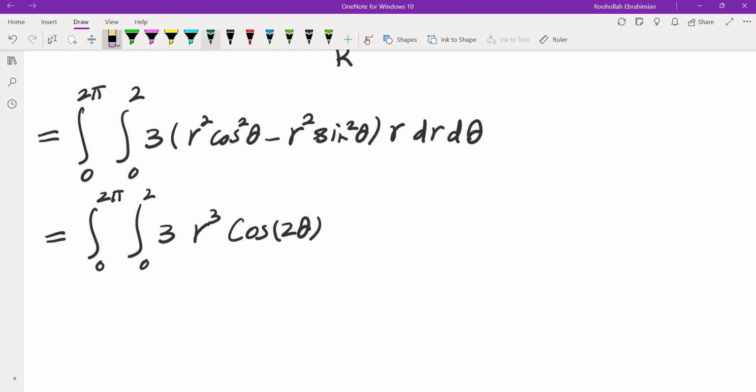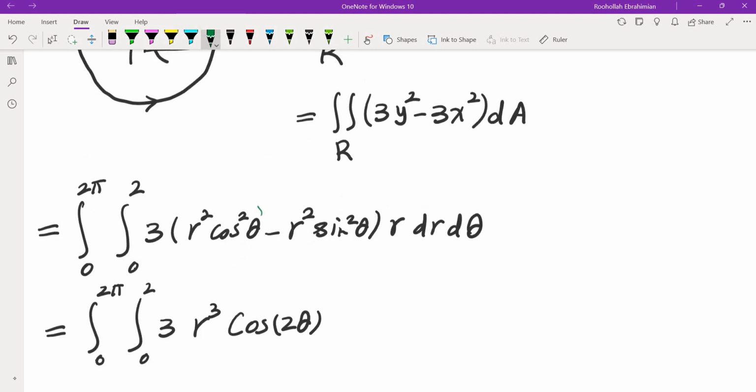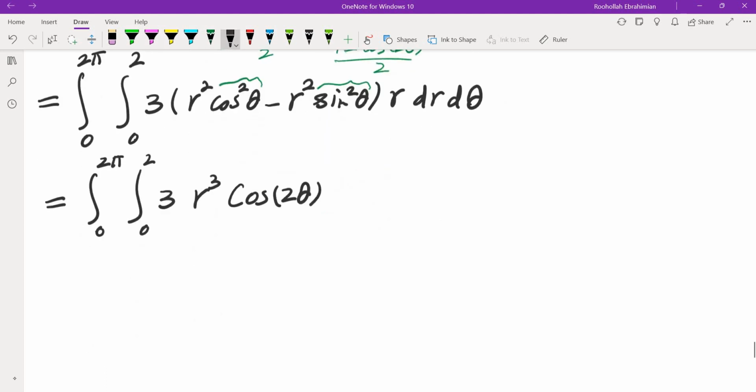This is the double angle or half angle formula. Each one of these, this one is 1 plus cosine of 2 theta over 2. If you don't remember that cosine of 2 theta is equal to that, you could also get it this way. This is 1 minus cosine of 2 theta over 2. And once you subtract, you get cosine of 2 theta, dr d theta.